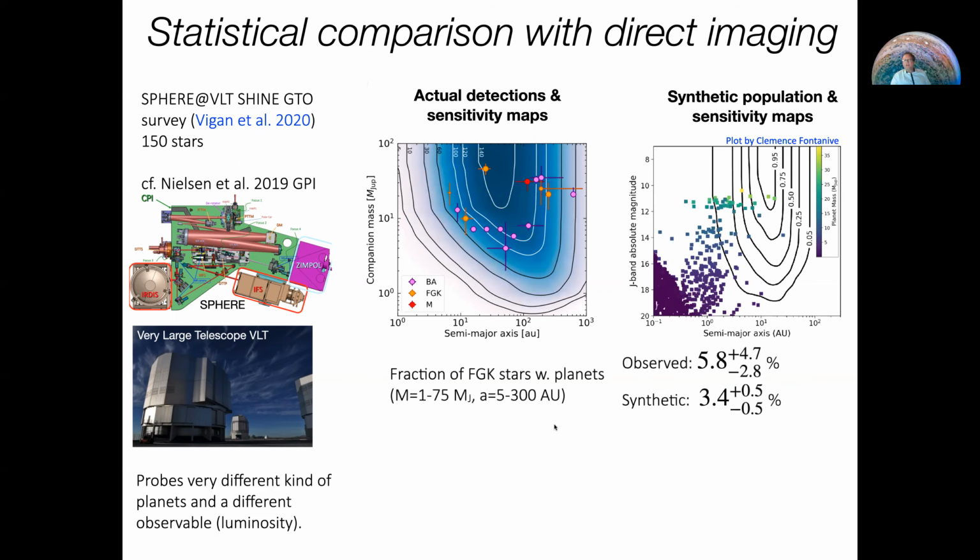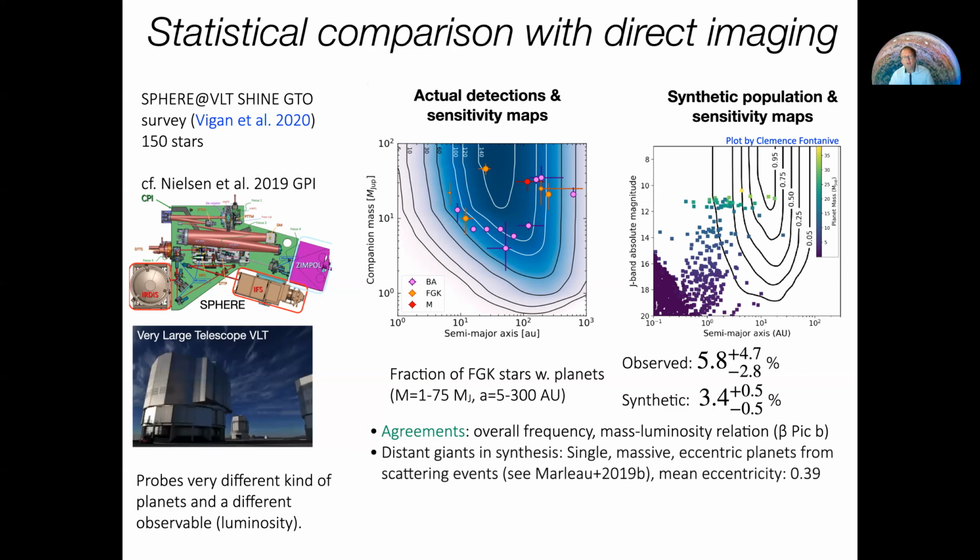In any case, if we just look at the fraction of FGK stars with planets in this interval here, then this is the observational result and this is the synthetic result. That's maybe a little bit on the lower side, but still in agreement. So the overall frequency is similar, and also the mass luminosity relation, where we have that, like beta Pictoris b, is actually similar, but this you cannot see in this plot here.